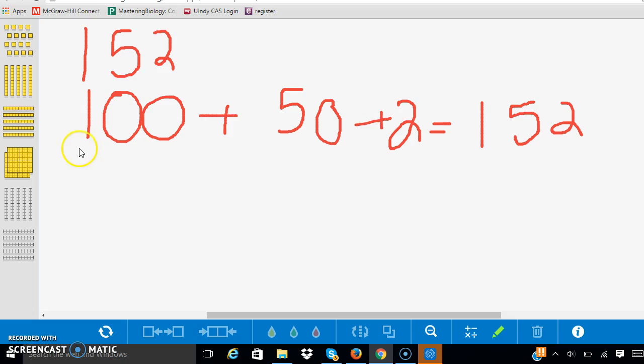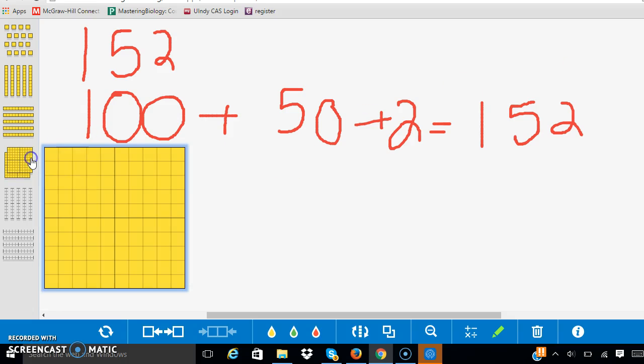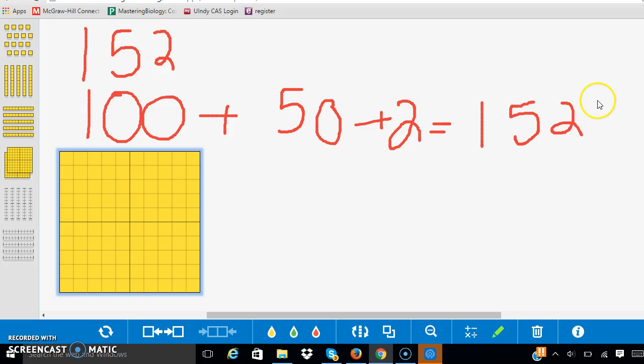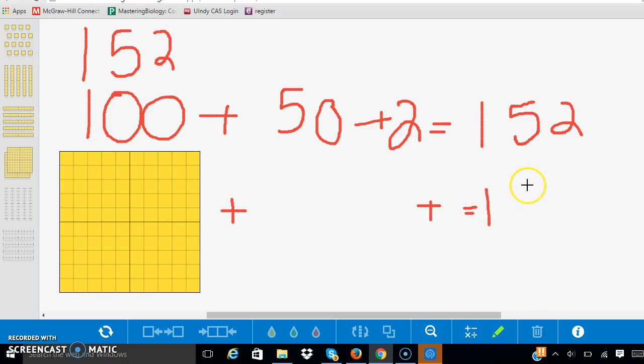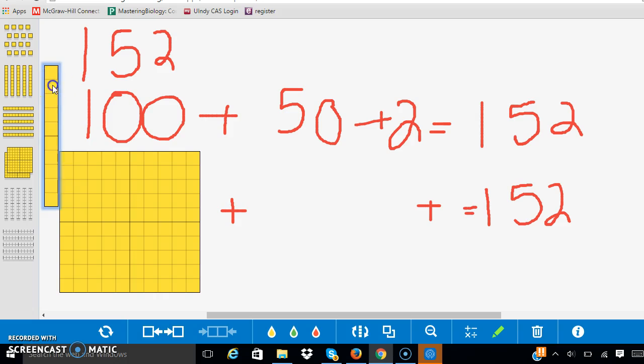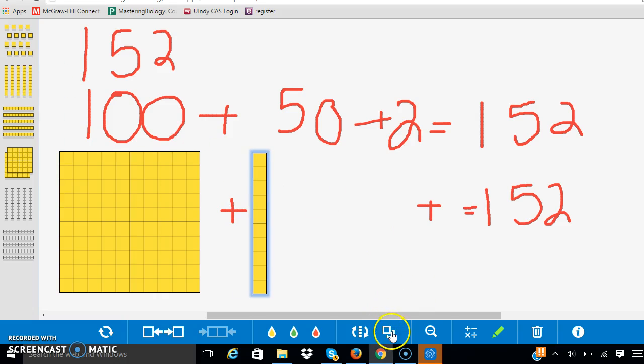So let's see what that would look like with our base 10 pieces. We know that a flat is worth 100. So let's see what else we have to get to make 152. So here's 100, and now we're going to represent 50, which is 5 base 10 pieces.